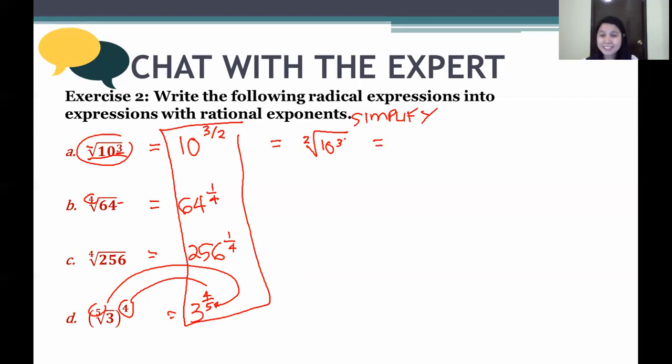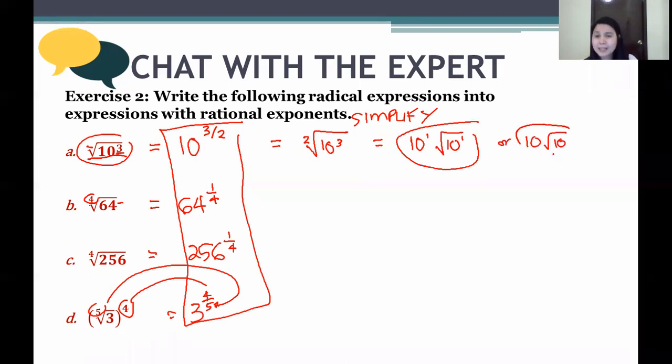Let's divide the exponent. 3 divided by 2 is 1, right? So 1 exponent for 10 goes outside. But there's a remainder of 1. The remainder will stay inside. It's 1 inside, 1 outside. So this is now the answer. Or you can write it as 10 square root of 10.